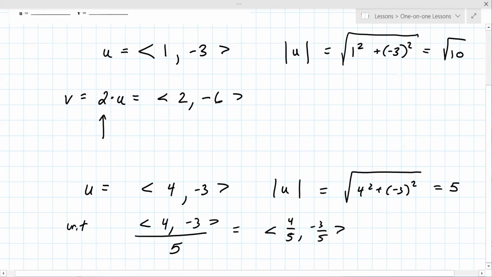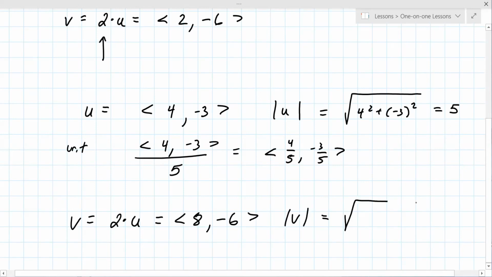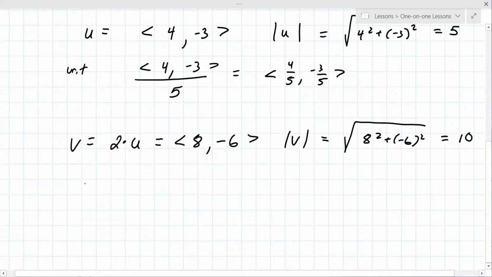Okay. All right. Now, let's assume that v is 2 times u. So that becomes 8 comma minus 6, and the magnitude of v is the square root of 8 squared plus negative 6 squared, which equals 10. Okay, so now we're gonna find the unit vector in the direction of v.